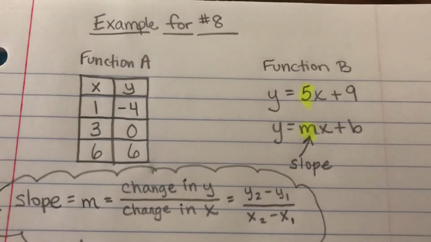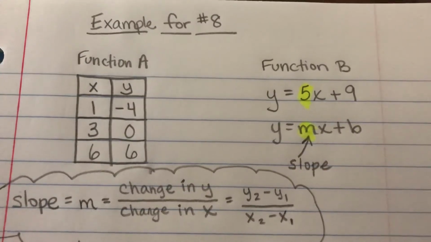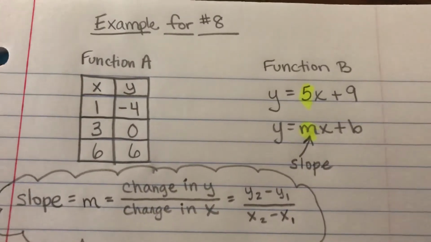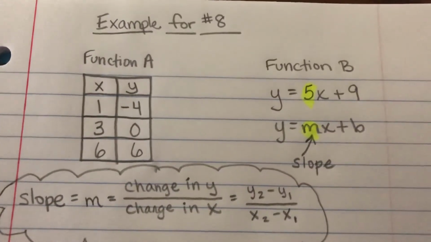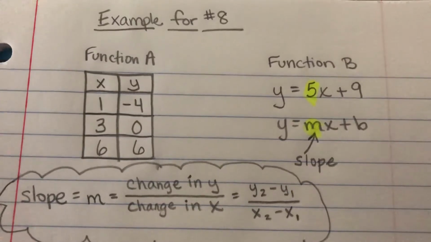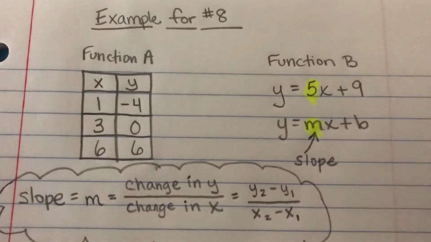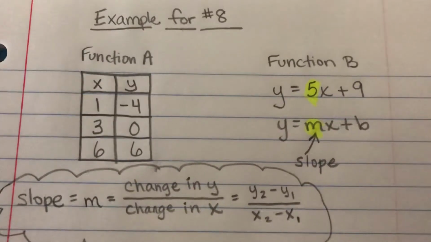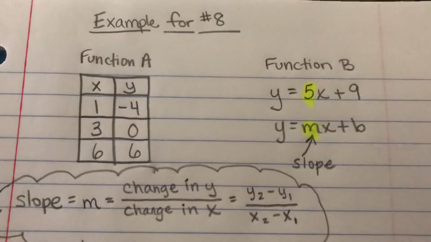So I have created, again, this is not the answer to number 8. This is a different problem if you compare, but I did choose function A as a table and function B is an equation like they do for number 8. So they asked you to tell which slope was greater, and then you had to choose one of the two statements.